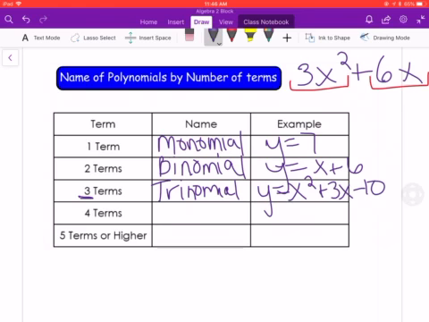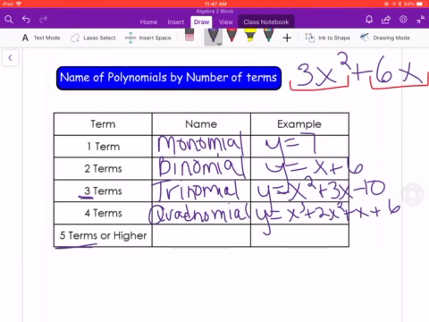Four terms, we call that a quadrinomial because quad means 4. So it would be like x cubed plus 2x squared plus x plus 6. So 4 terms.